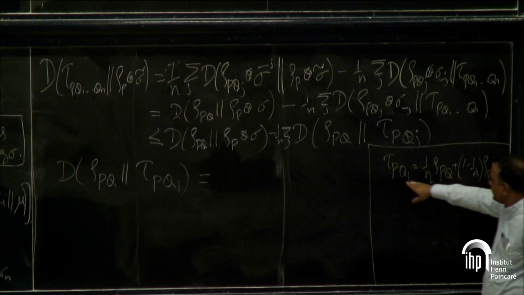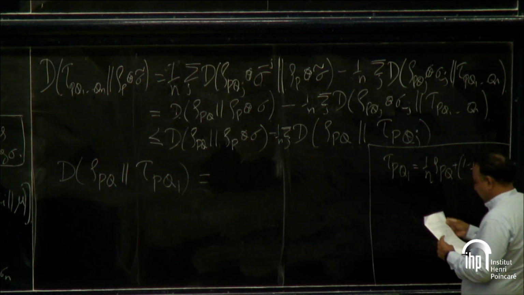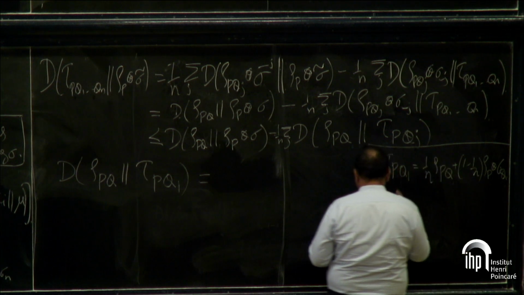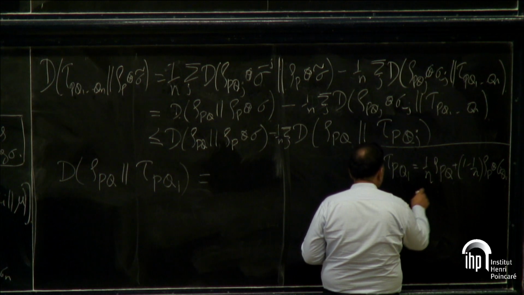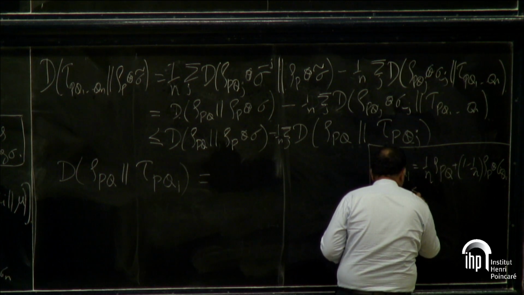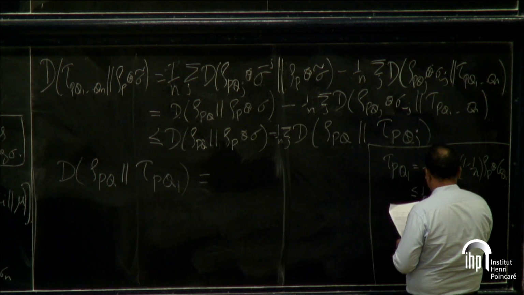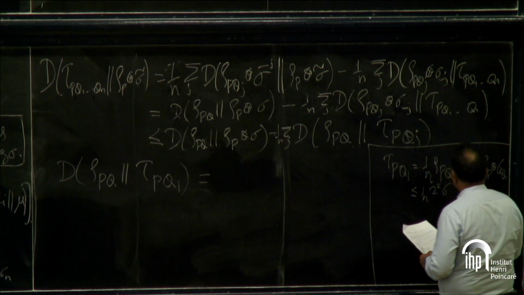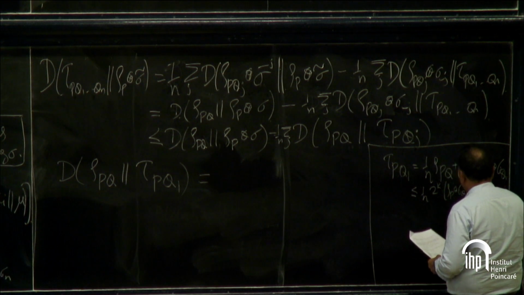So therefore tau_{PQ_1} is basically this state. But then here is where we can use Dmax, and Dmax is telling us that this is less than or equal to 1 over n times 2 to the k times rho_P tensored sigma_Q.